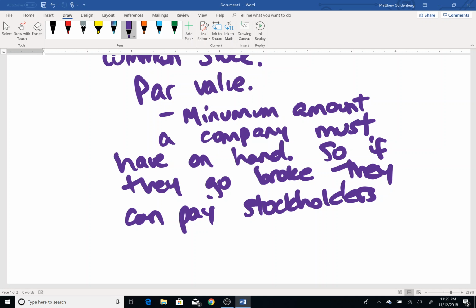And so what par value tells you is a company says, we can give you 1 cent for every stock you have. We have that on hand. That is easy for us. You don't have to fear. It's a statistic that really lets you know as an investor how risky or not your investment is.